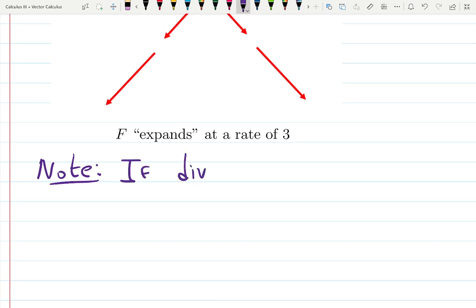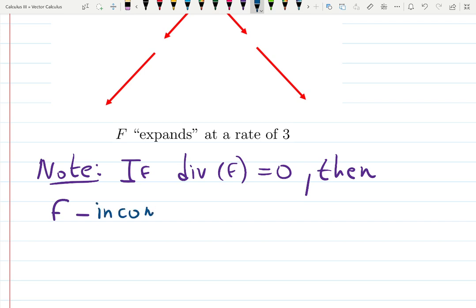If divergence of F is 0, then F is called, let me put it in blue, incompressible. Incompressible. And then, just like you guys said, you cannot compress it.